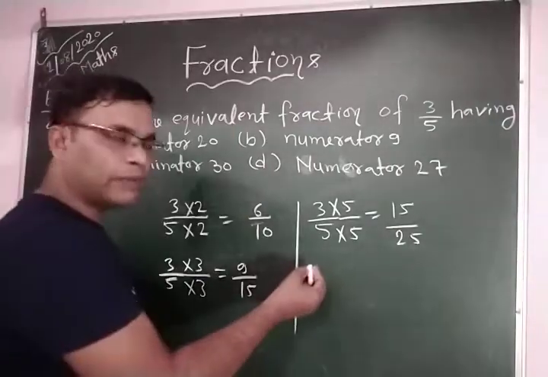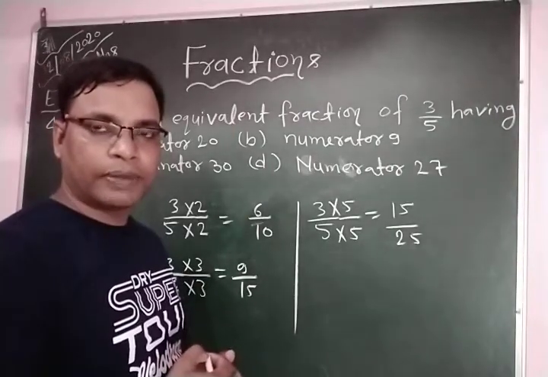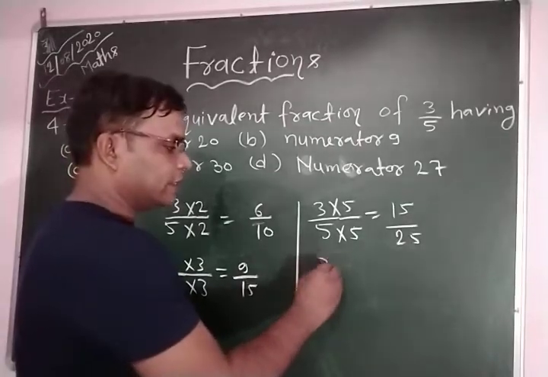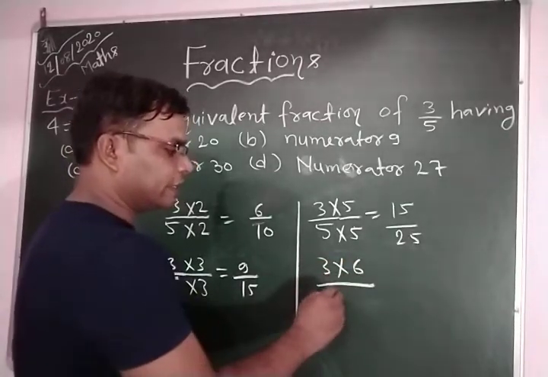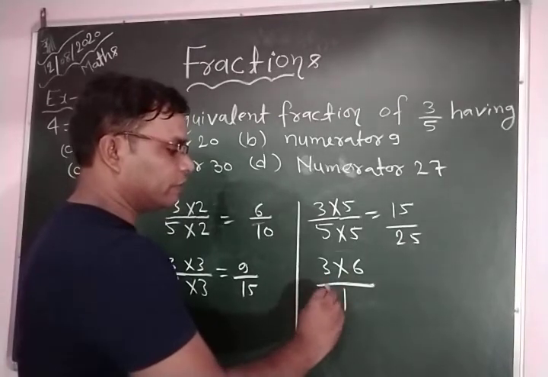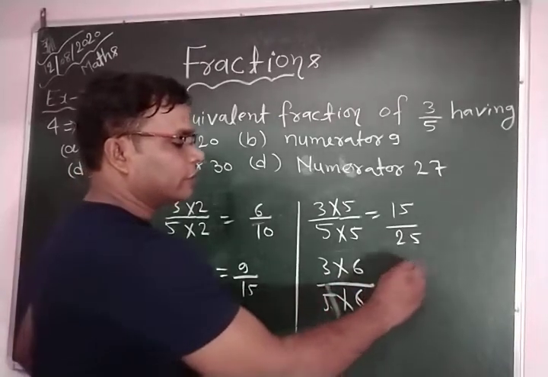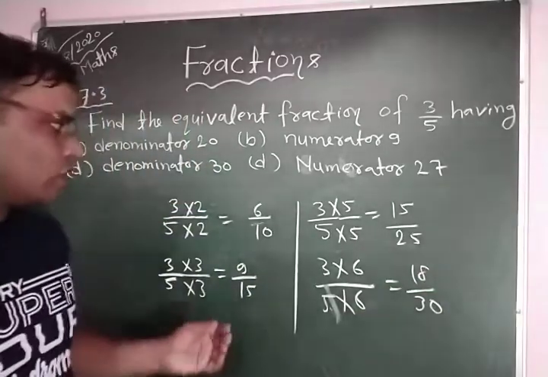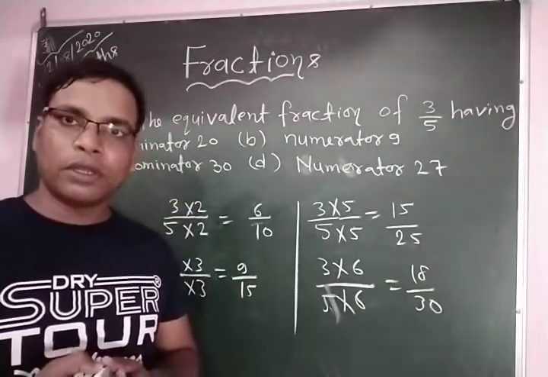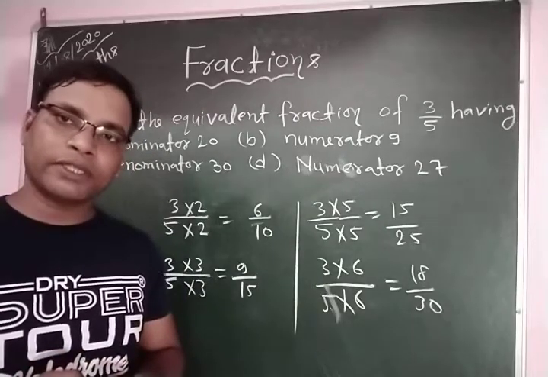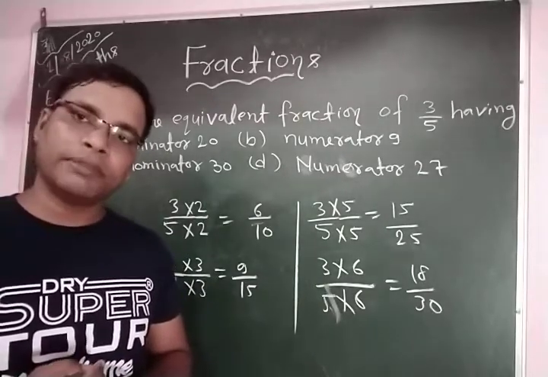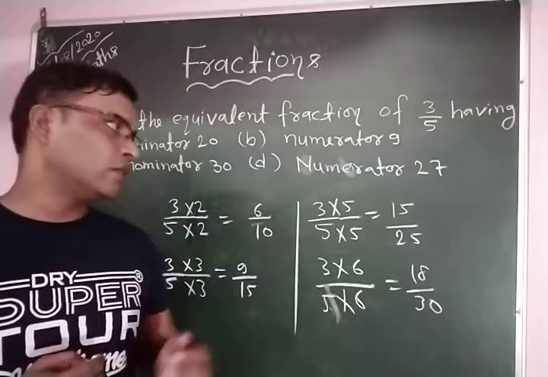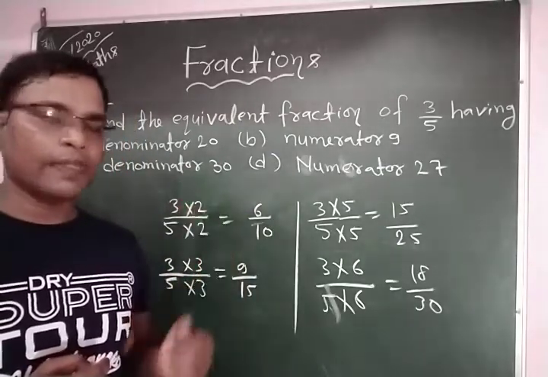If you multiply by 6 in the numerator and denominator, then we obtain the new fraction 3 into 6 by 5 into 6, which is equal to 18 by 30. So I hope all of you understood what an equivalent fraction is. If you multiply or divide a fraction's numerator and denominator by the same number, then the result will be equivalent to the given fraction.